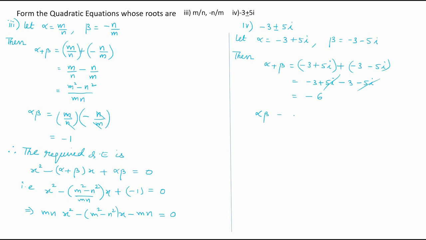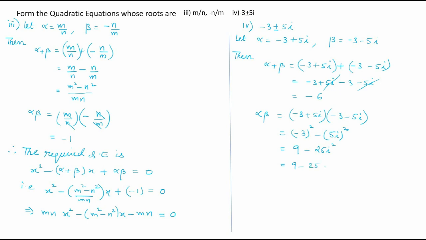And product of the roots, minus 3 plus 5i into minus 3 minus 5i. A plus b into a minus b form this is. We can write a plus b into a minus b as a square minus b square. So minus square will be plus, 3 square is 9, minus 5 square is 25, i square is iota square.